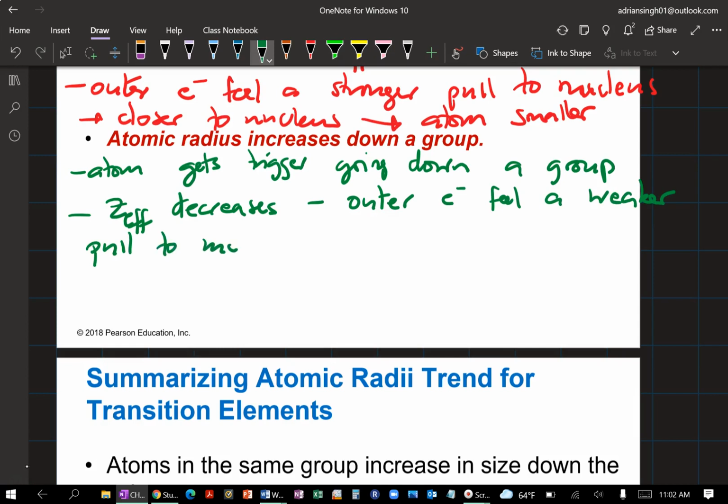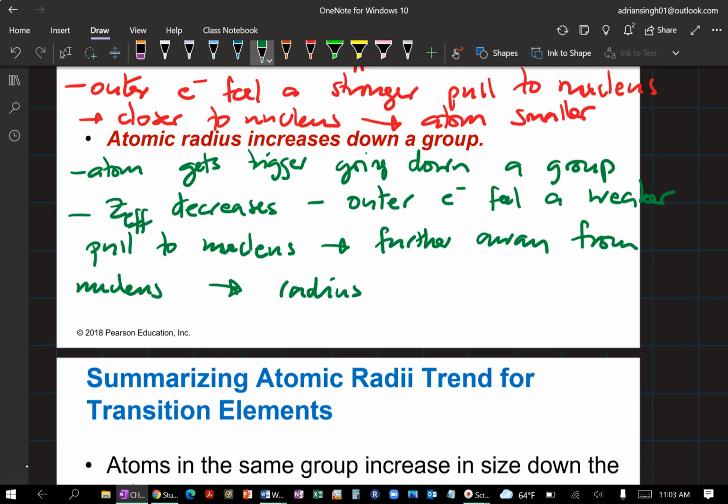In other words, they're not being held very strongly. And as a result, they can be further away from the nucleus, which then would mean that the radius increases, or the size of the atom increases as a result.